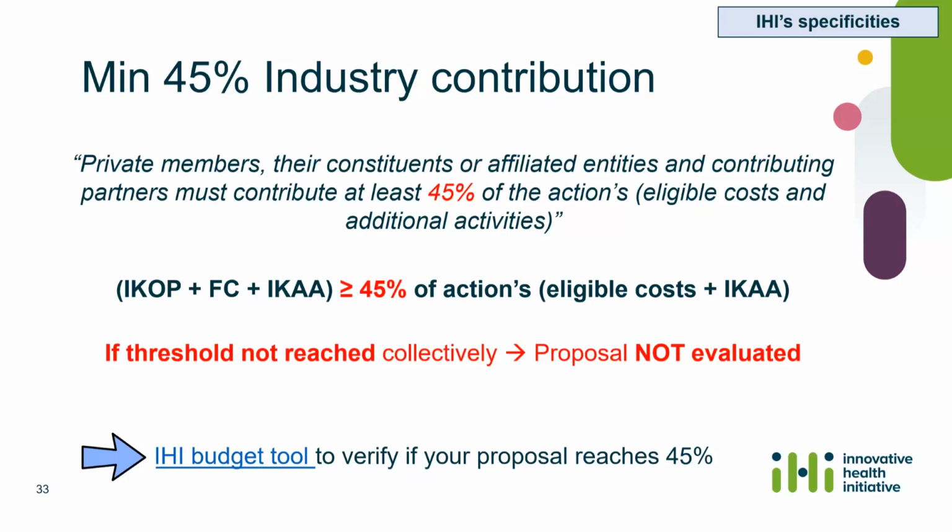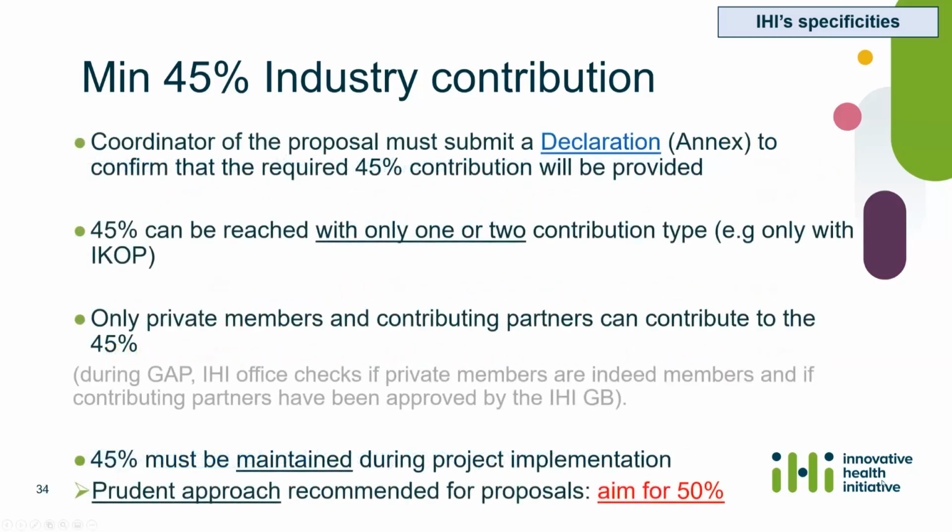I will show you that tool a bit later on. But so you know, we tried to develop something to help you understand and find out if you reach this threshold quite easily.